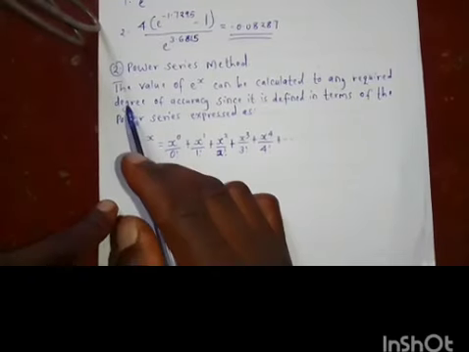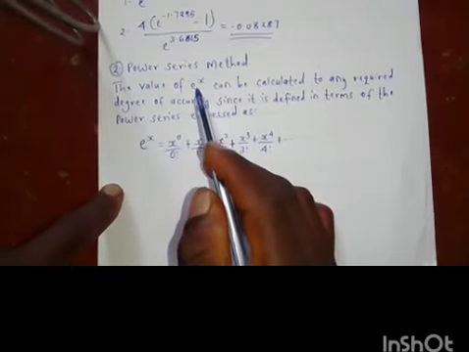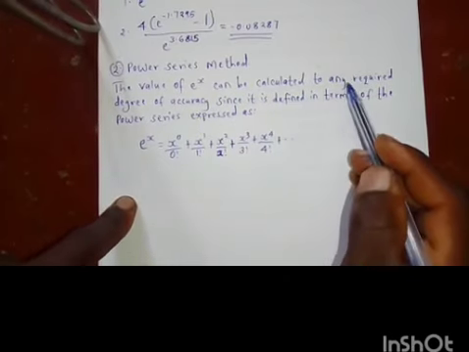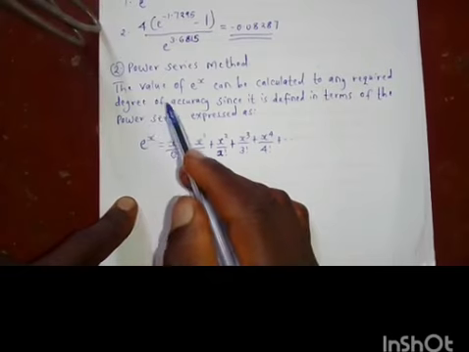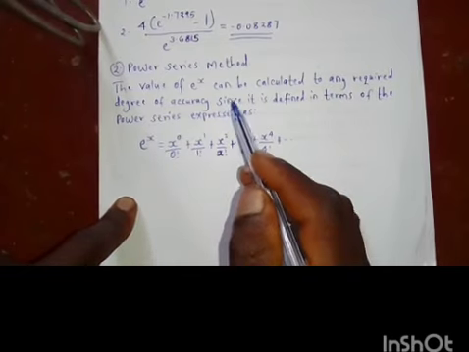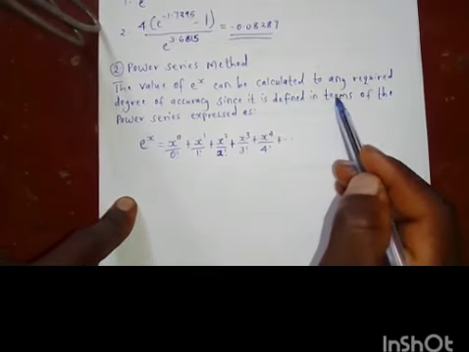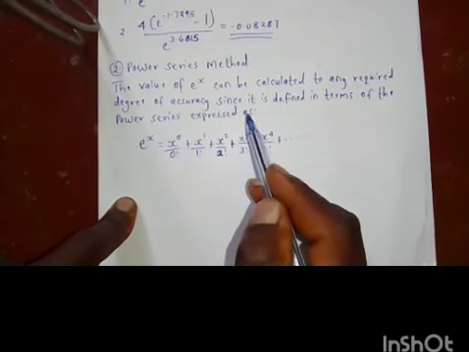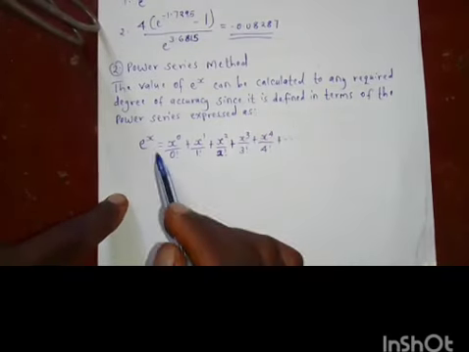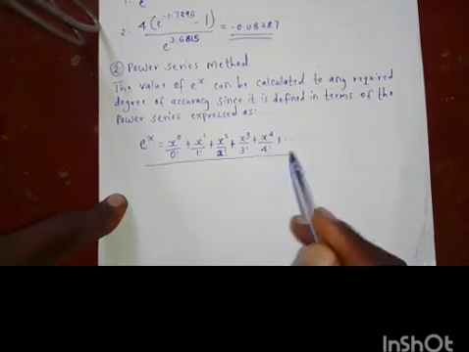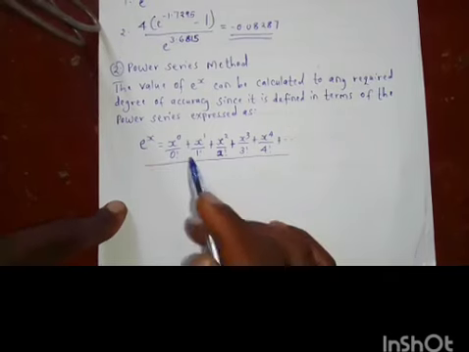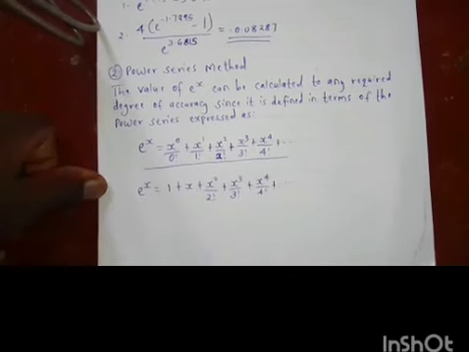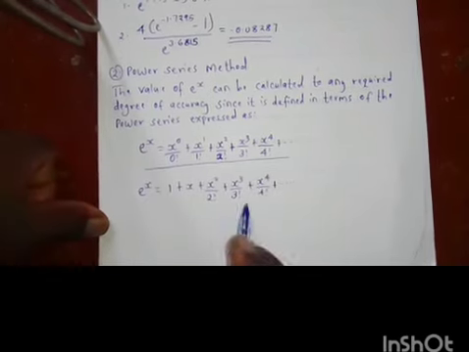The value of e to the power of x can be calculated to any required degree of accuracy, since it is defined in terms of the power series expressed in this form. We can simplify this series as this form.